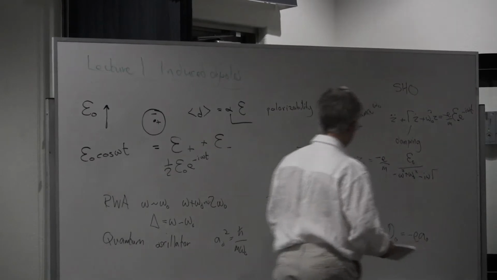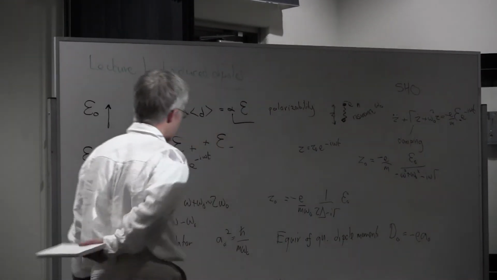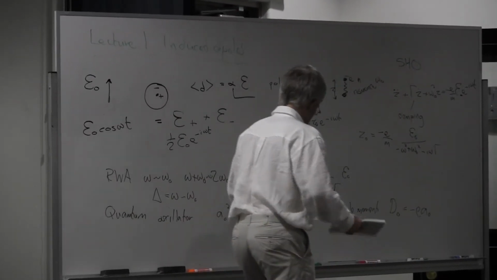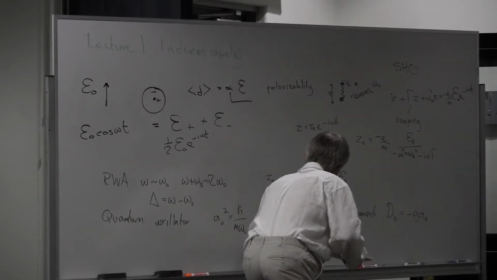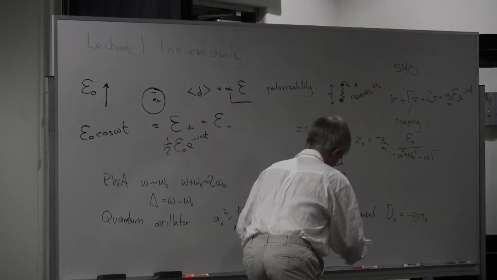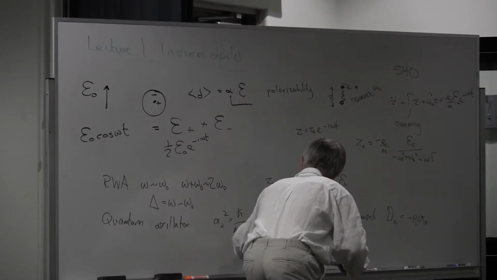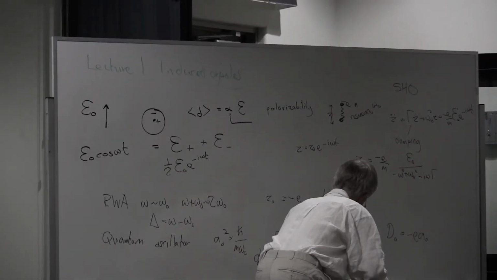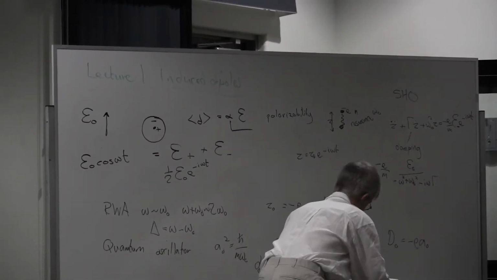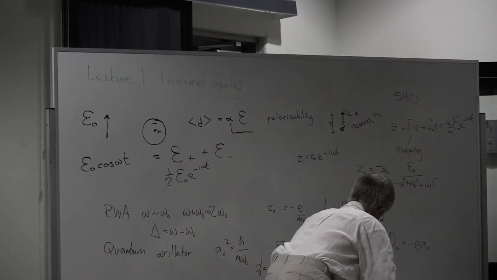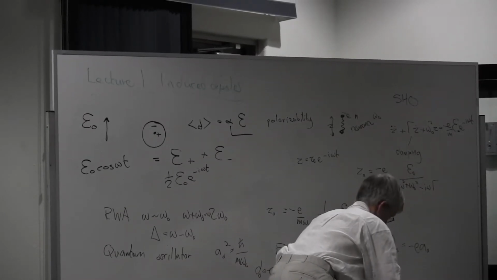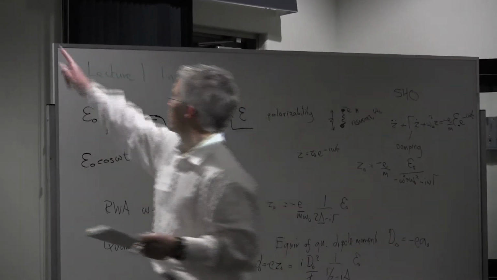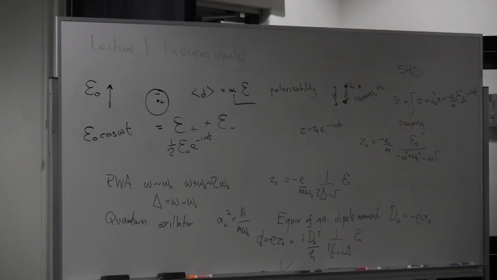That's my effective dipole matrix element for my simple harmonic oscillator. And then finally I get the result that's written on the board: alpha equals d naught squared over h bar times 1 over gamma over 2 minus i delta. So that's the result I wrote up there on the board.